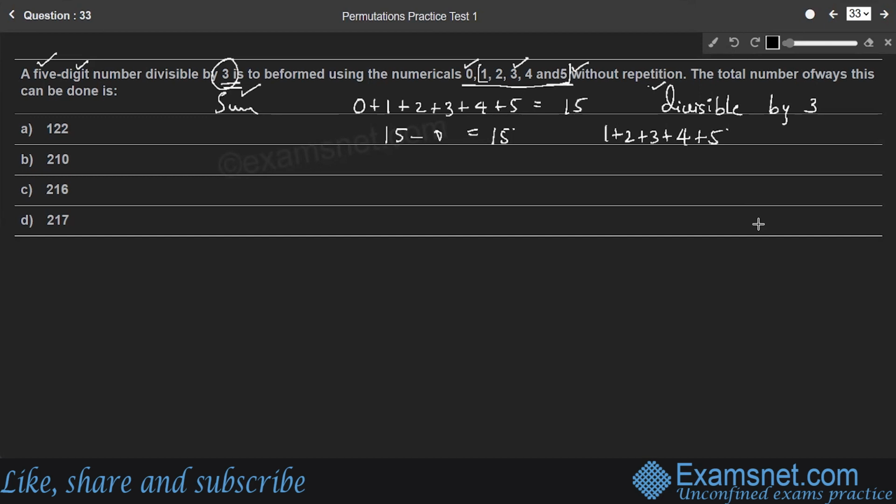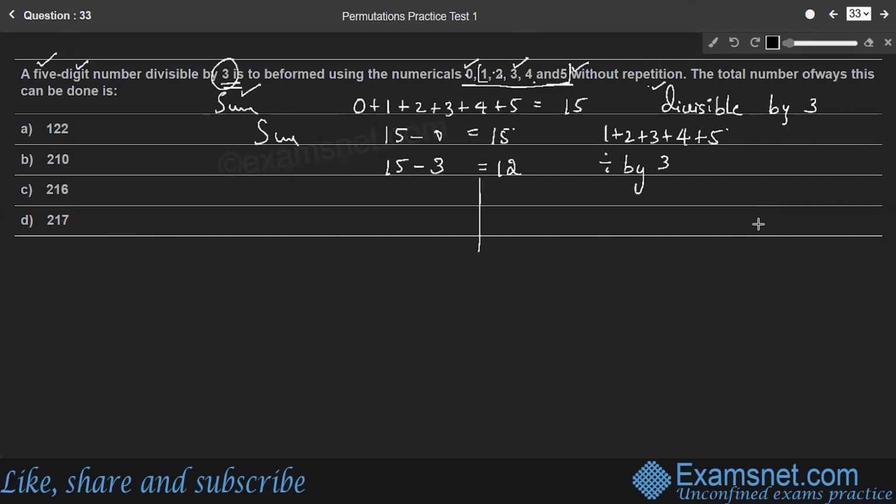You cannot consider all six digits at a time to form a 5-digit number, because we need only 5 digits. If you avoid 3, the sum of the digits becomes 15 minus 3, which is 12, which is divisible by 3. That means you have to consider 0, 1, 2, 4, and 5, these 5 digits.